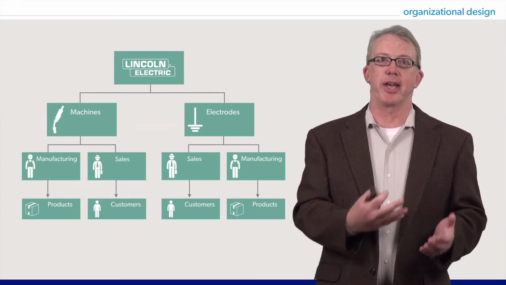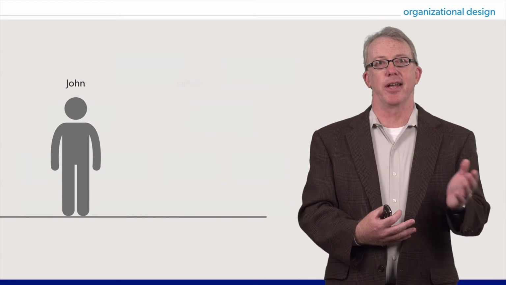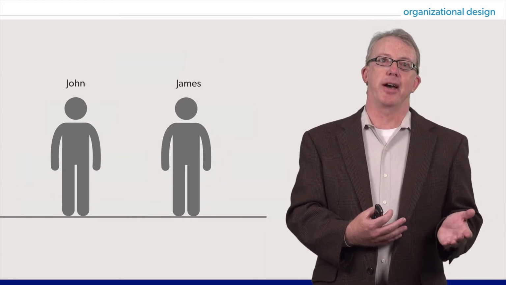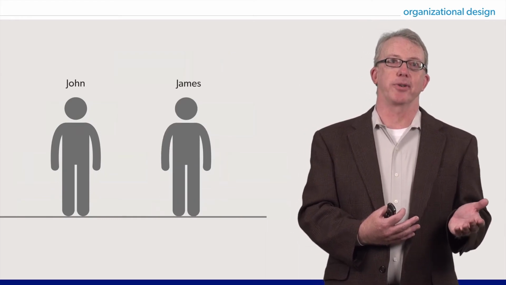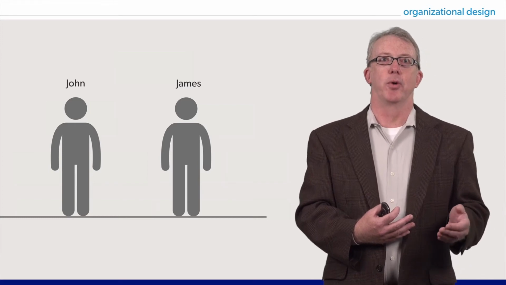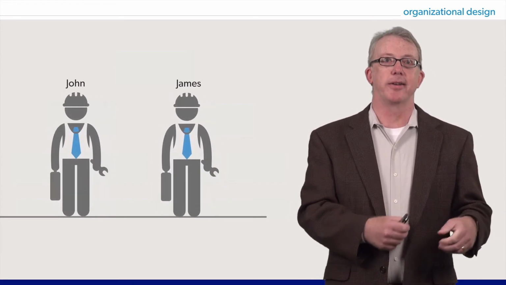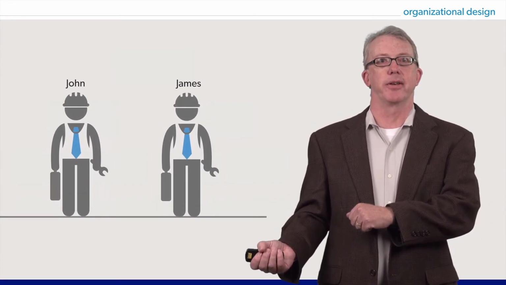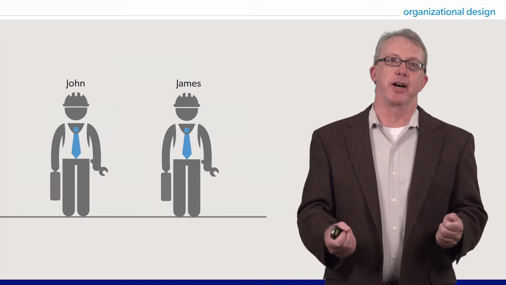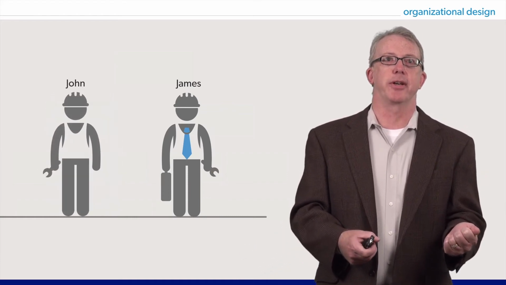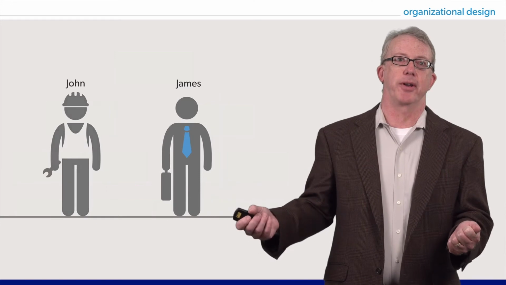So early on, they literally had 2 employees, John Lincoln and James Lincoln, and they had to decide how are they going to divide up the manufacture of building arc welders. Were they both going to do that as well as sell the equipment, or were they going to specialize? So one would focus just on manufacturing, and the other would focus on sales and marketing.